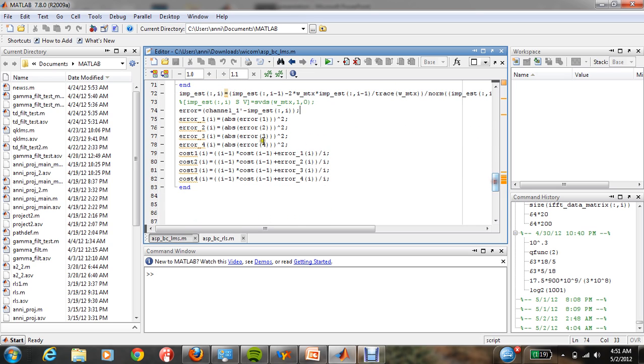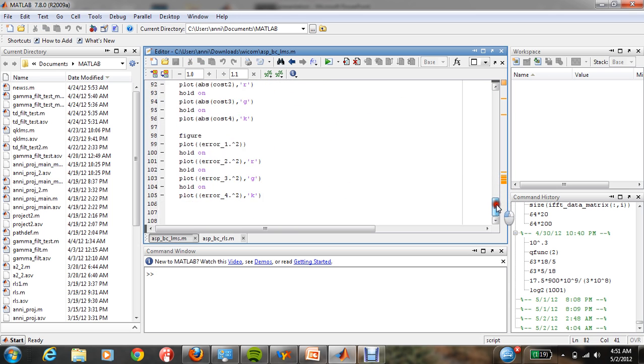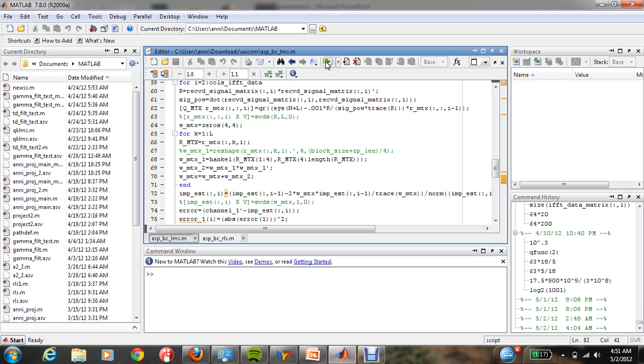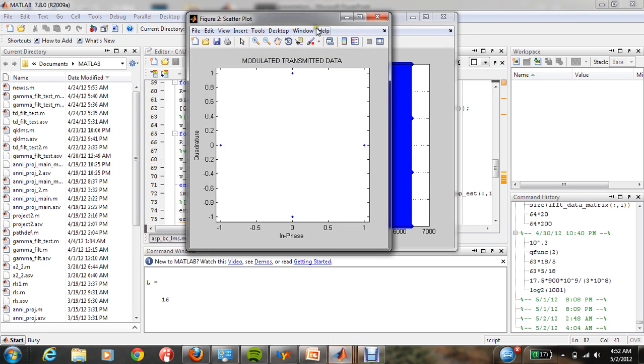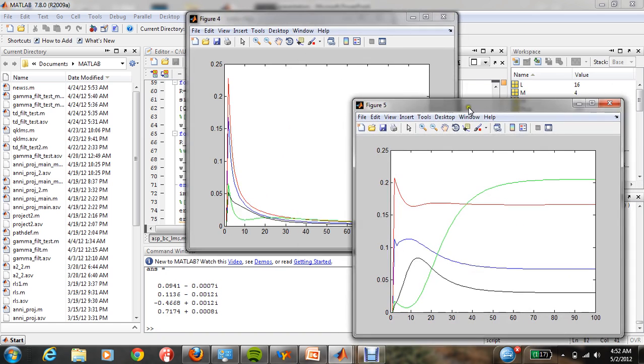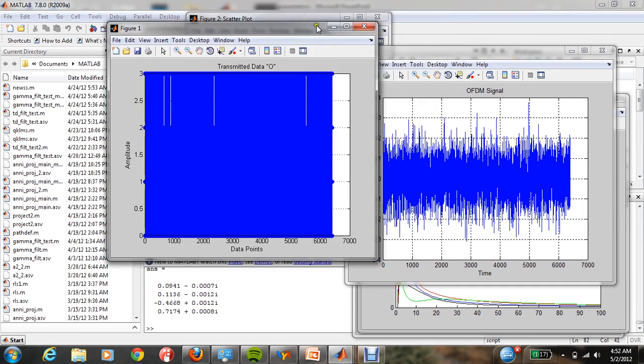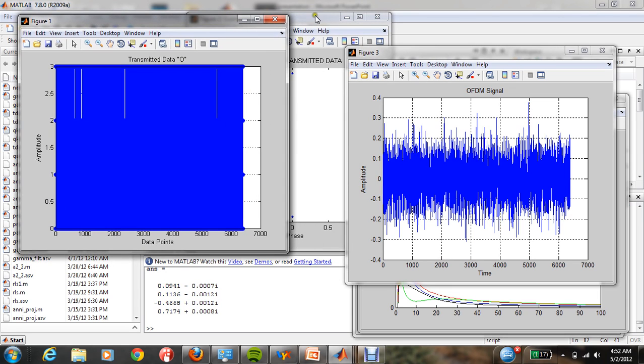By storing the error values and plotting the mean square error, we will end up with the following graphs. So these are the transmitted data symbols.